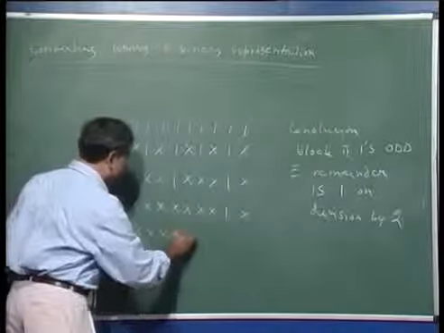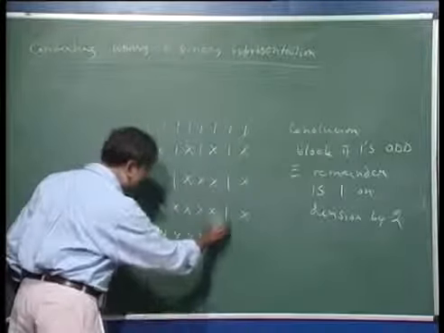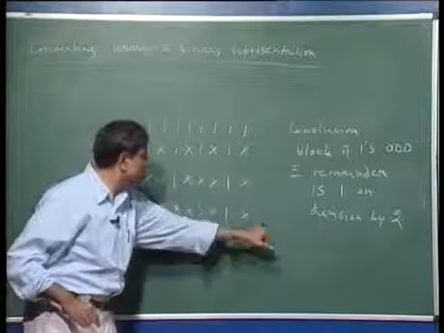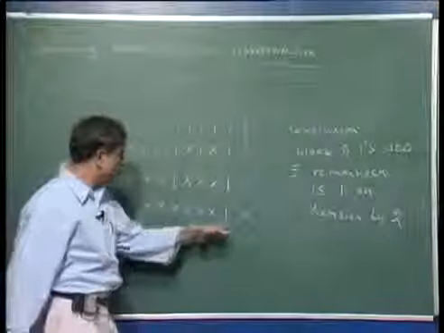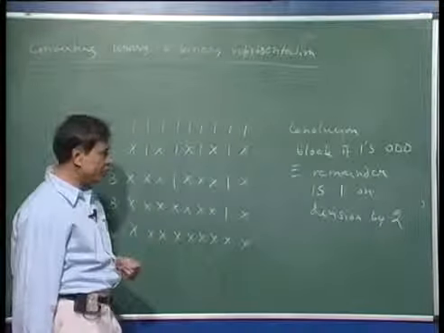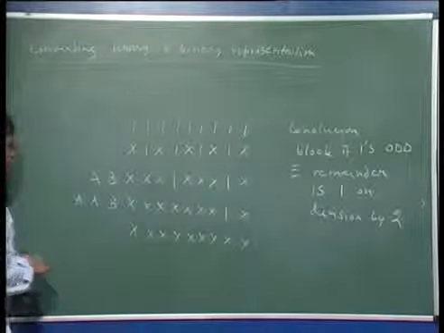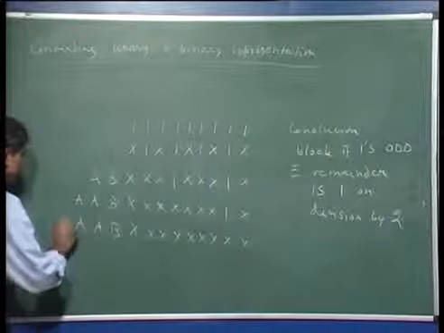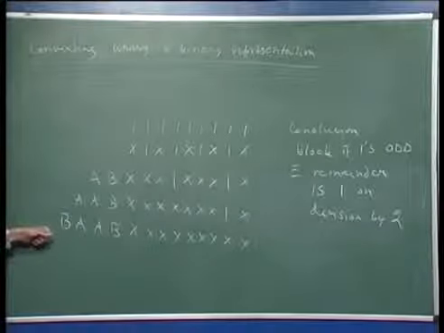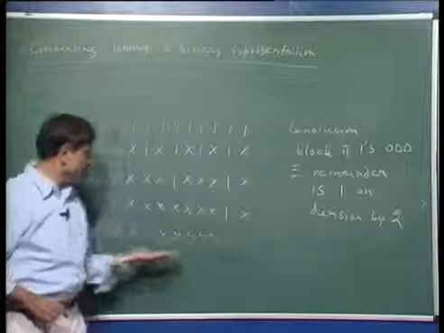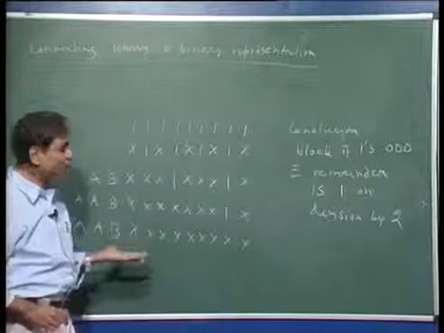So, we ignore crosses and we make it a cross, and we find that there is no 1 to pair this particular one with. So, the remainder of the division by 2 is odd. So, we know that this would be B, and here we see that there are no more ones left.